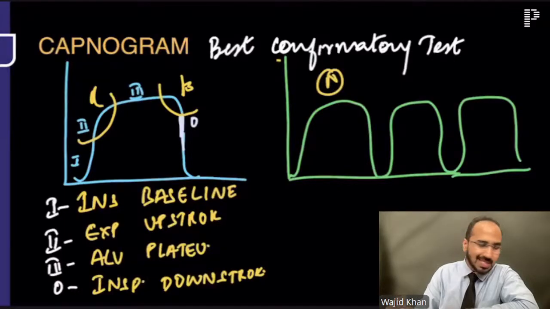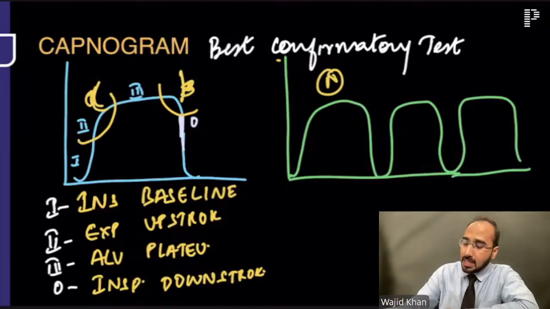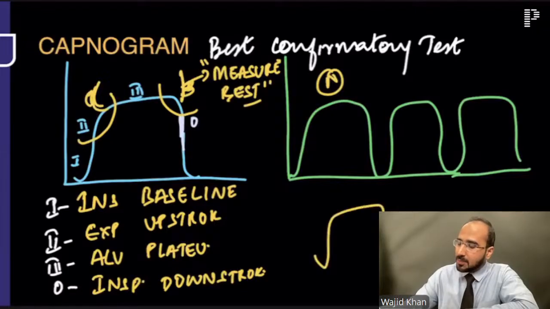And the fourth phase is the inspiratory downstroke. There is an angle between phase 2 and phase 3 called alpha. There is an angle between phase 3 and phase 0 called beta. Capnograph value is best measured at this angle, beta. Anyways, this is the normal capnograph that you see.